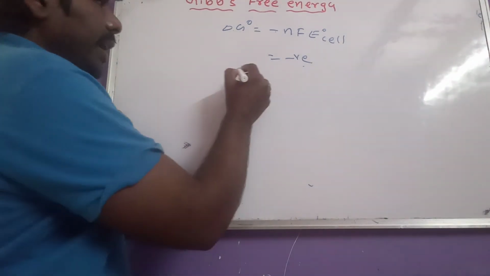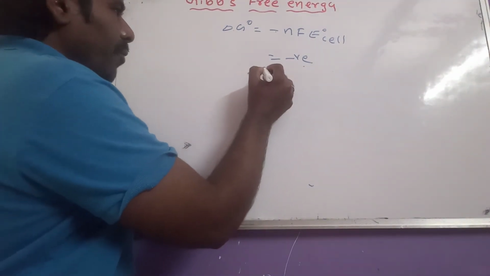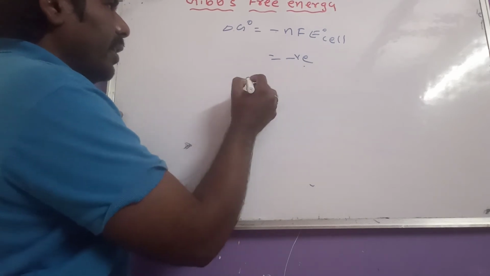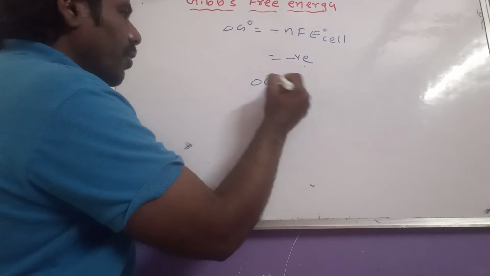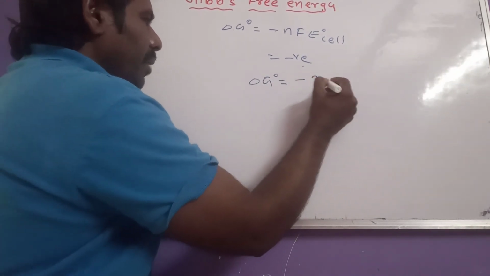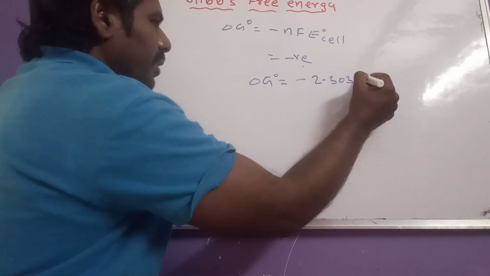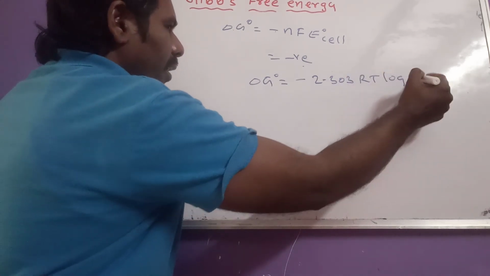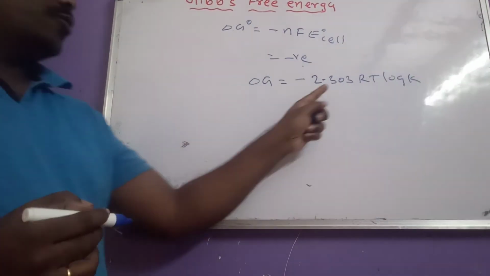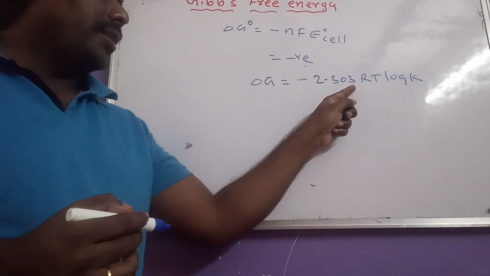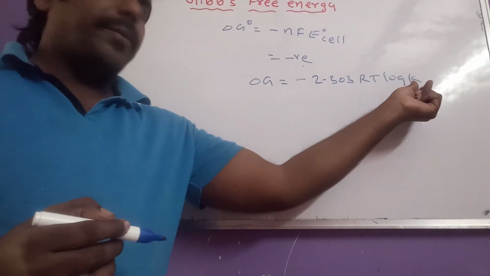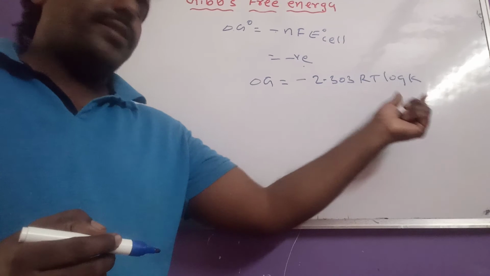And at equilibrium state, what is delta G? Delta G naught equals minus 2.303 RT log K. Here K is the equilibrium constant value.